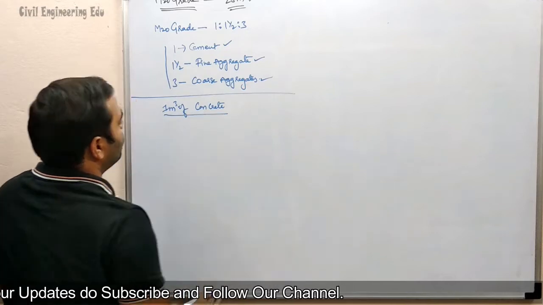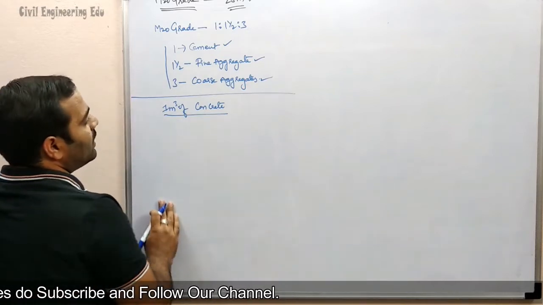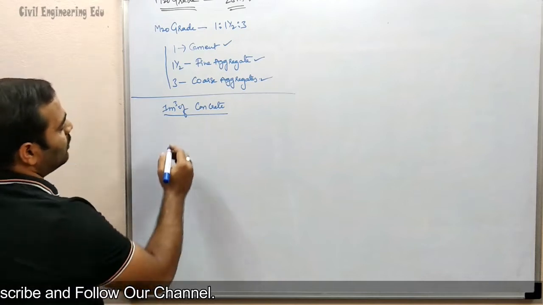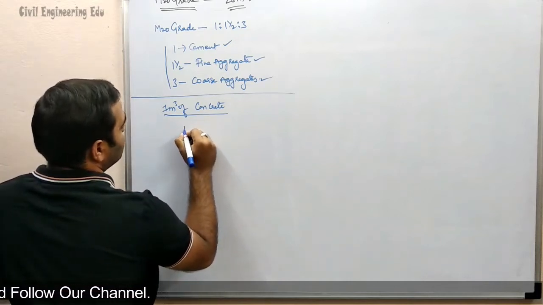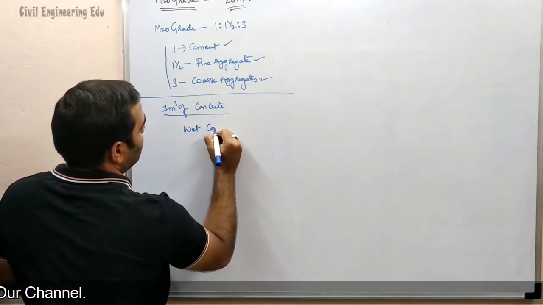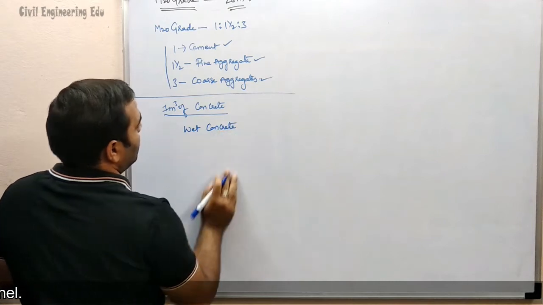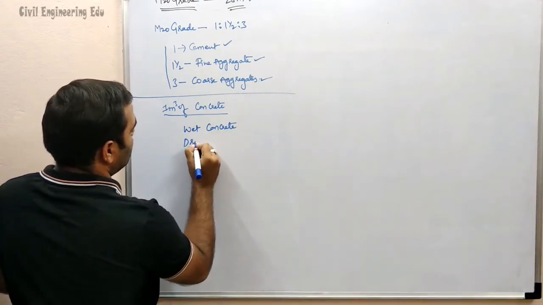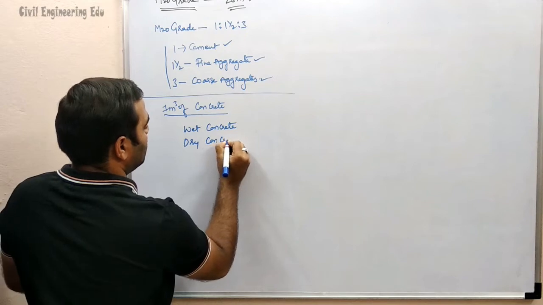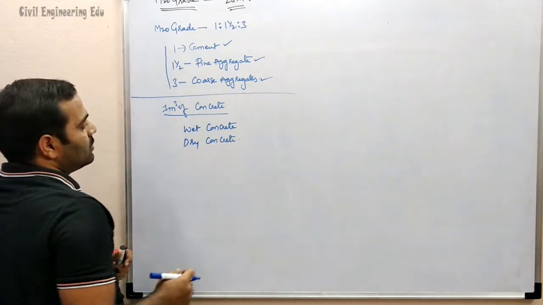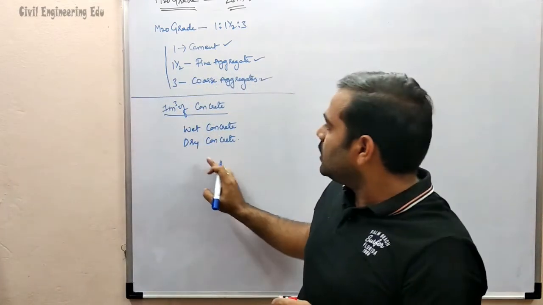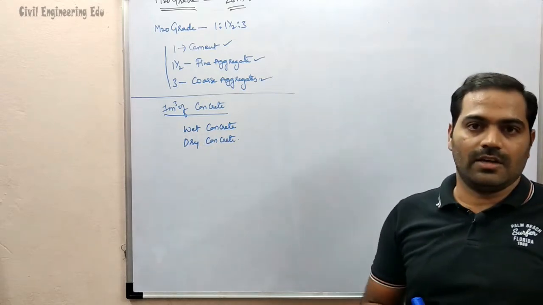Here we need to understand two terms first: what are dry materials, wet concrete, and also dry concrete. So here we should understand what is wet concrete and what is dry concrete.